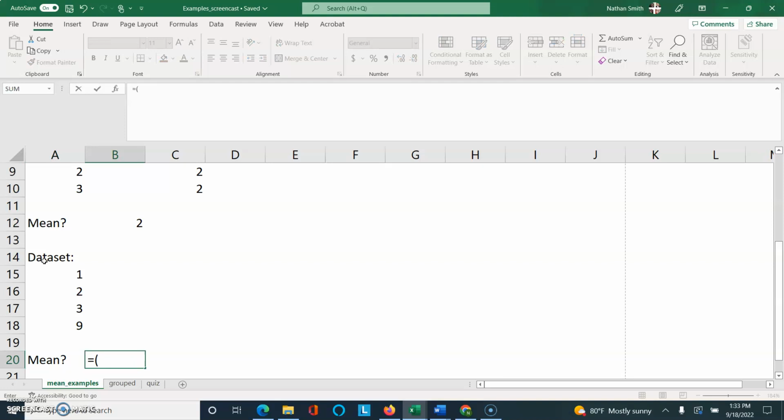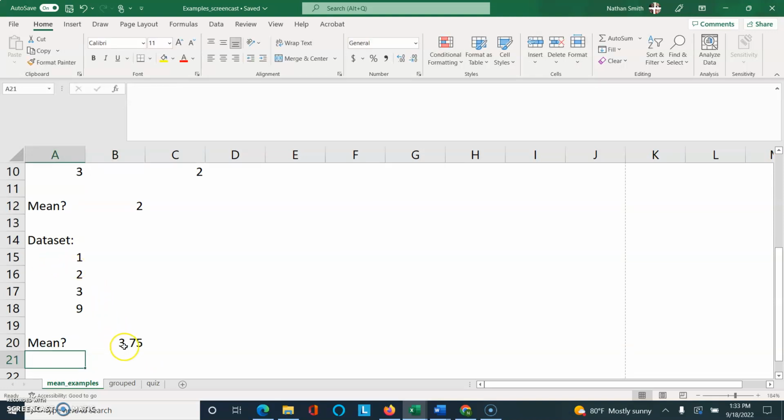Add up the numbers, 1 plus 2 plus 3 plus 9, and simply divide by the number of data points, or the number of numbers you could say, which is 4. So in this case, the mean is 3.75. The mean is not always going to be a number that's actually in the data set. It's kind of like the weighted average representative value. And if I add up 3.75 4 times, I will get the sum 1 plus 2 plus 3 plus 9.